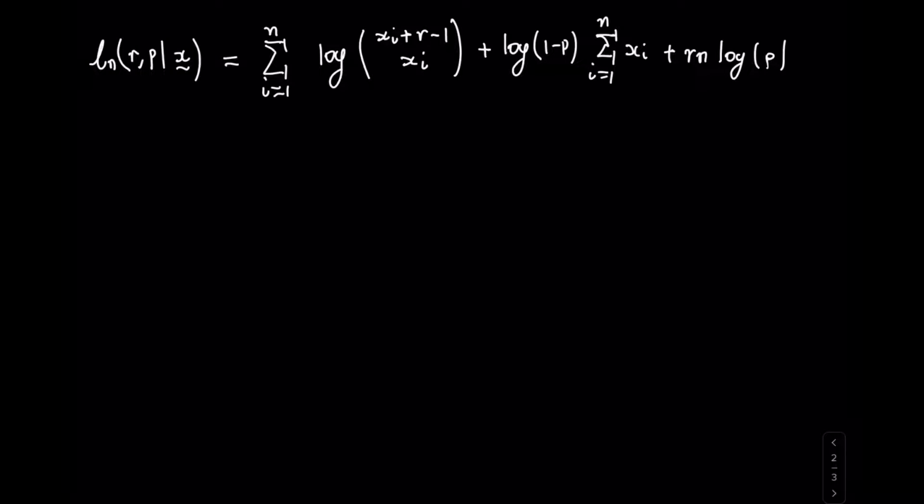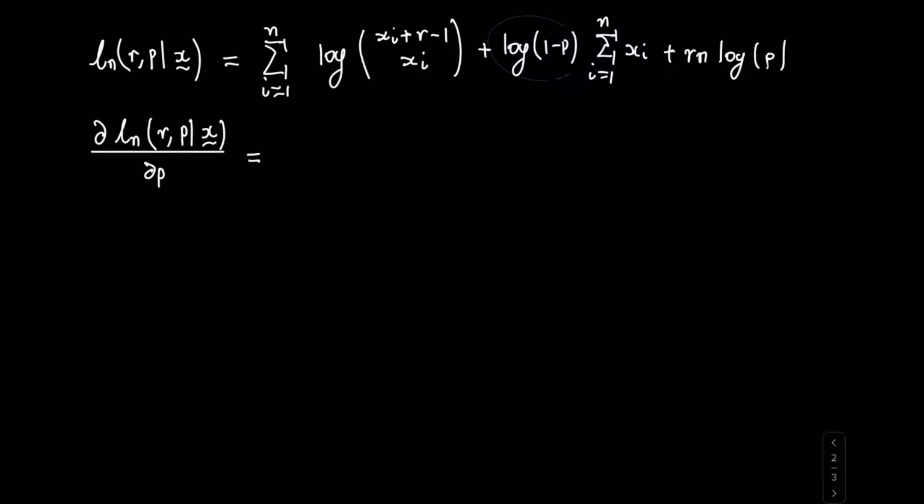So let's do that now. The partial derivative of our log likelihood function with respect to p, well, let's have a look. The first term that we see here is not dependent on p, so it collapses to 0, and we can ignore that term altogether. This component does depend on p.